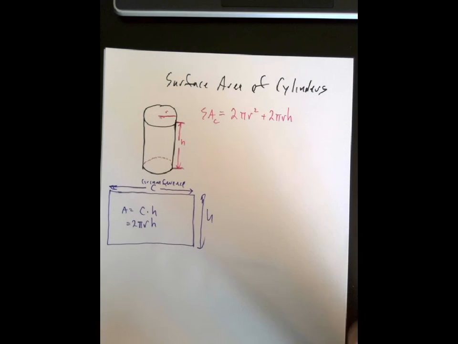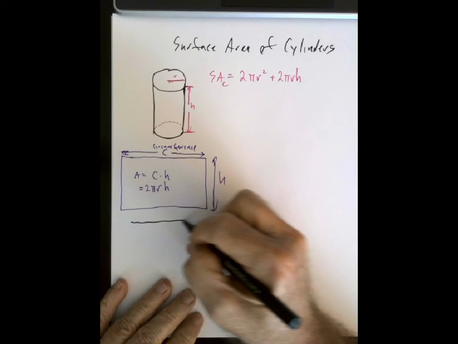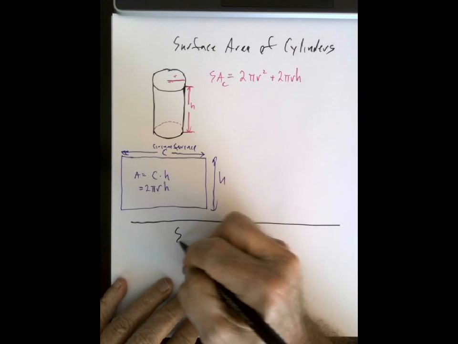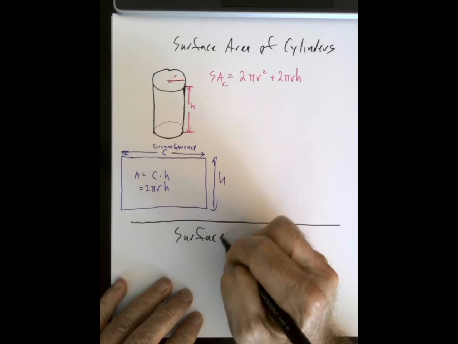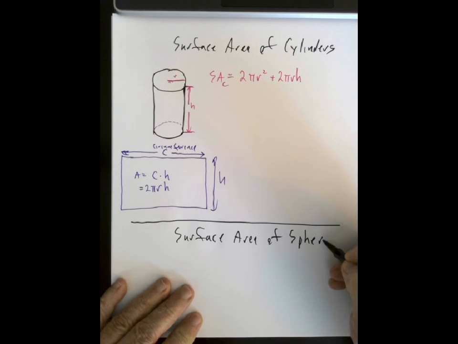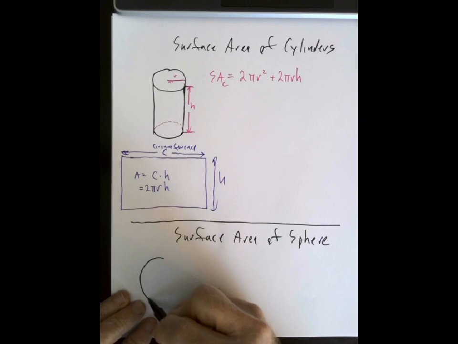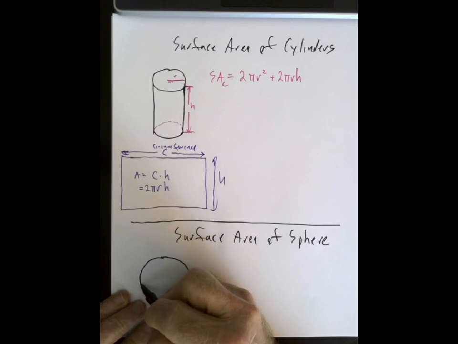Now I'm going to stop right here. No, actually, I'm not. I'm going to give you the surface area formula for a sphere. And I'm actually just going to put this down on the bottom here because the surface area formula for a sphere is really simple. I'm just going to tell you what the formula is because I can't justify it to you.